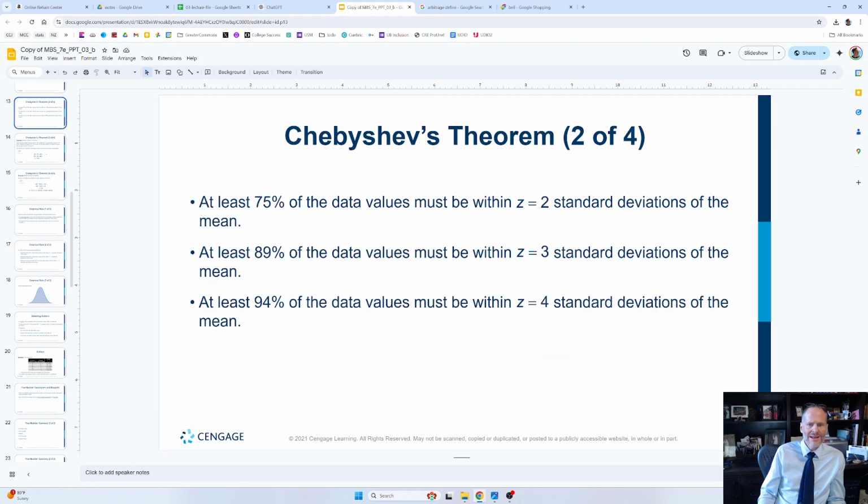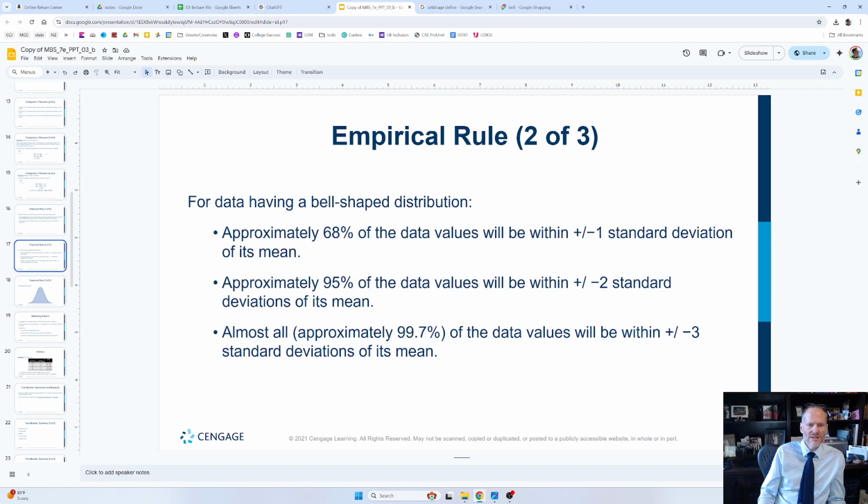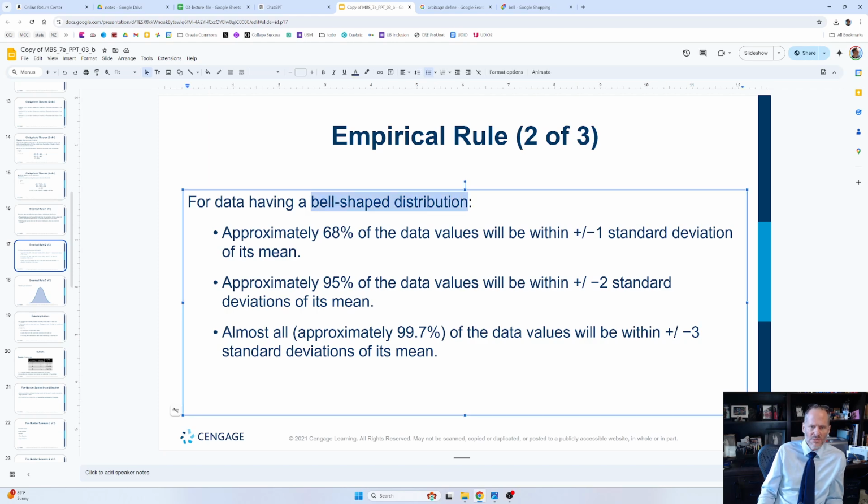And we have 99.7 at 3 versus 89. So the empirical rule allows us to really have more insight and clarity on how much of the data is more closely grouped to the mean within a certain number of standard deviations when it follows this bell-shaped distribution.